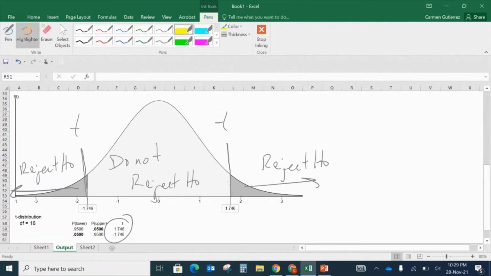So we have a positive 1.746 for the upper tail, and a negative 1.746. The degrees of freedom is here. This is what we typed.